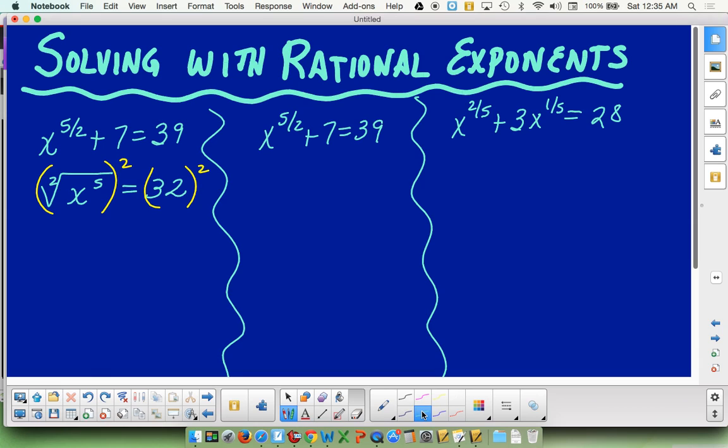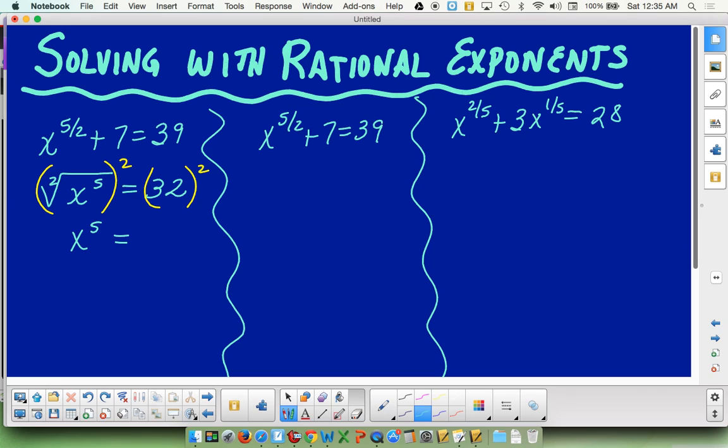That's then going to give me x to the 5th equals 32 squared, and unfortunately I don't know 32 squared, and I'm running to a calculator to find out 32 squared. And the answer is 1024.